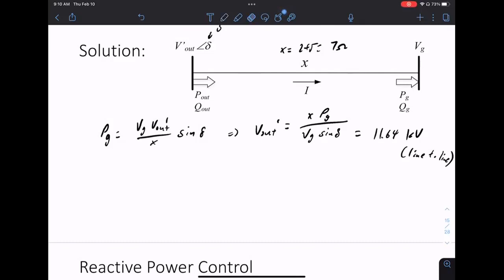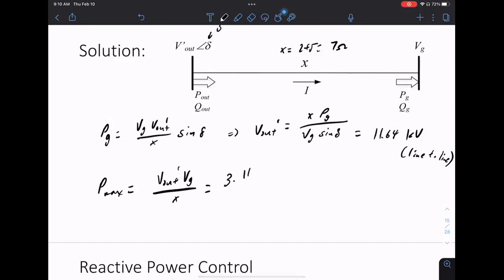Then P max, this is V out, G over X. To be perfectly safe, this is times 3 because 3 phase, all 3 phases.